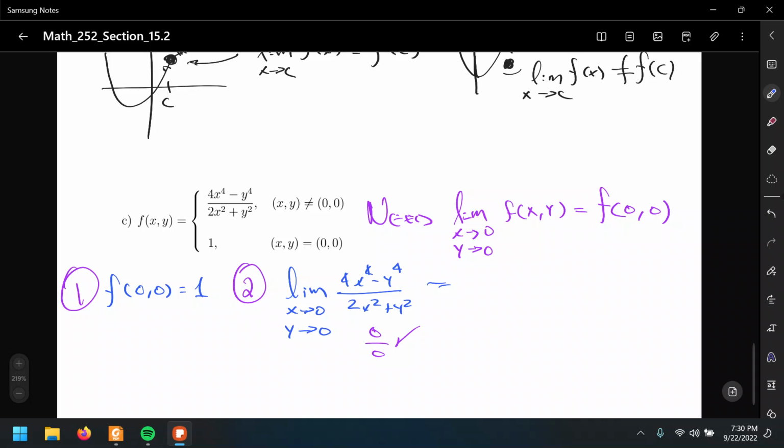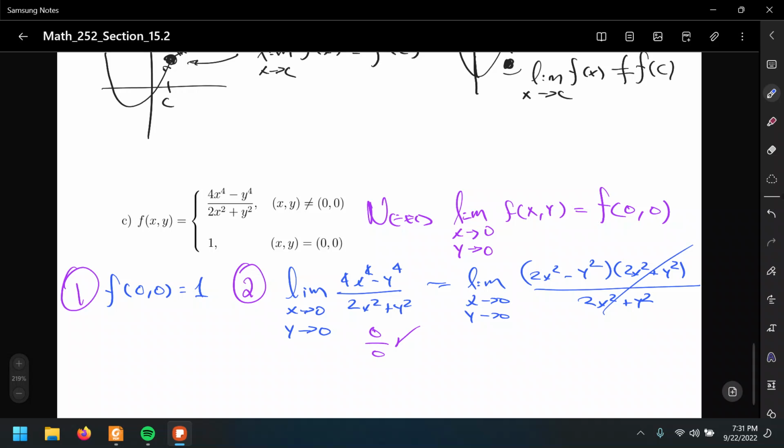Okay, so that means we can do algebra here. And any ideas on what to do here? Factor the top. Factor the top, difference of squares. As x approaches 0, y approaches 0, 2x squared minus y squared times 2x squared plus y squared over 2x squared plus y squared. Oh, this one goes away.